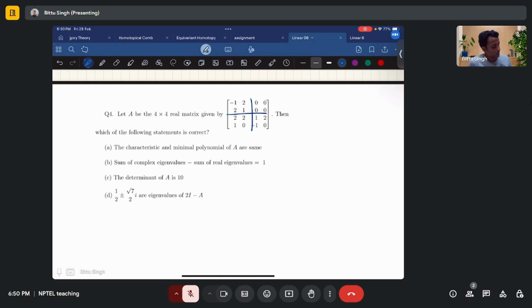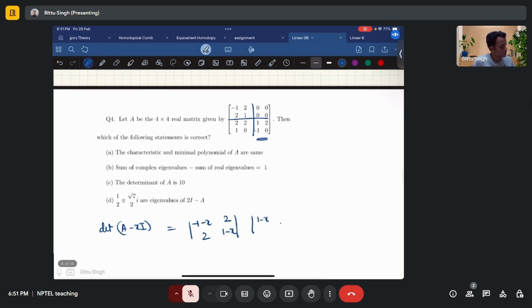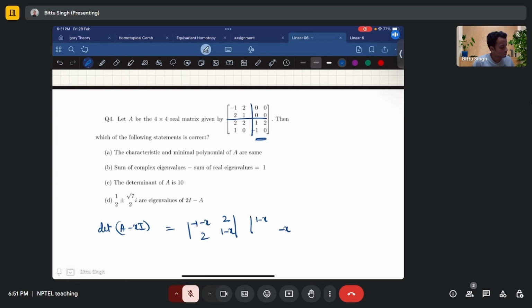So first we will calculate the determinant of A minus xI. Similar to the previous calculation, we have minus 1 minus x, 1 minus x, 2, 2. This is unchanged, and for the last block we have 1 minus x, 0 minus x means minus x, and 2, minus 1.